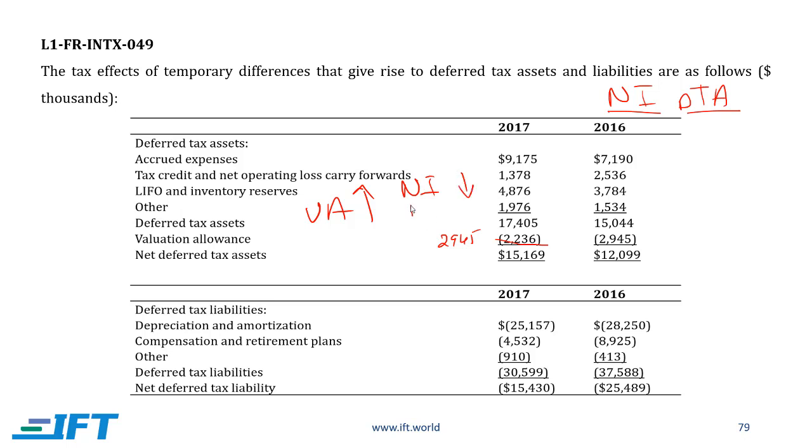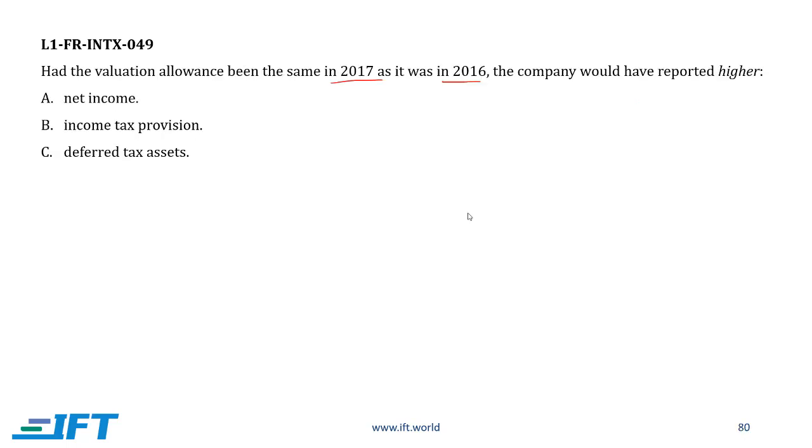It goes down. What is happening to your deferred tax asset? Again it goes down. Had the valuation allowance been the same in 2017, now your valuation allowance has gone up. That is bad for what? Deferred tax asset will go down. Your net income will go down. Why? Because your valuation allowance has gone up.